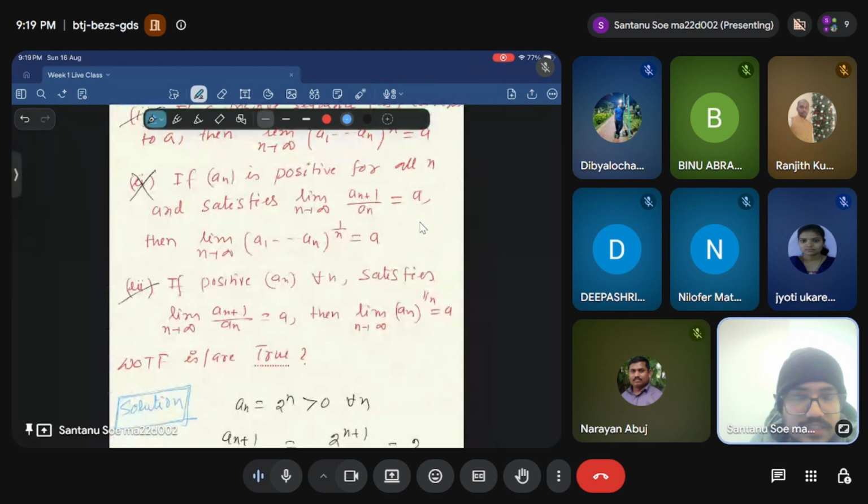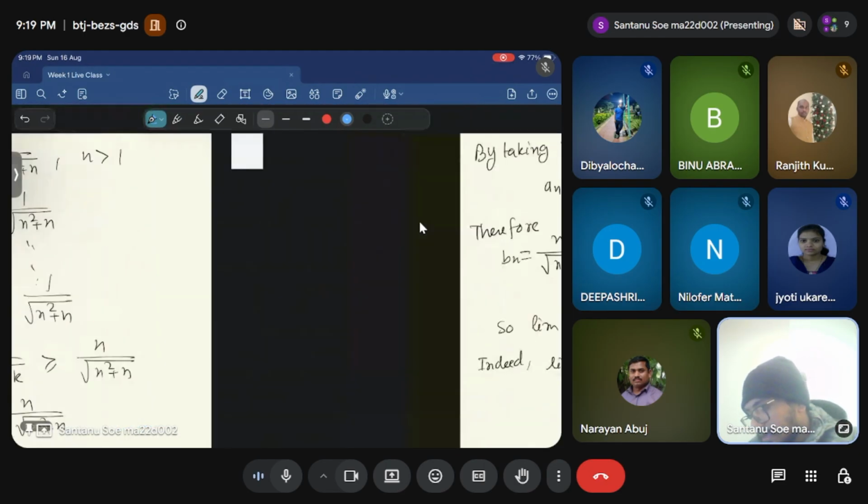This fact 3 I shared, you can write it like a theorem: if an is positive and the limit of a(n plus 1) divided by an is a, then the limit of an to the power 1 by n will also be a. So you have to use this as a theorem. Okay, so I'll write it here again.